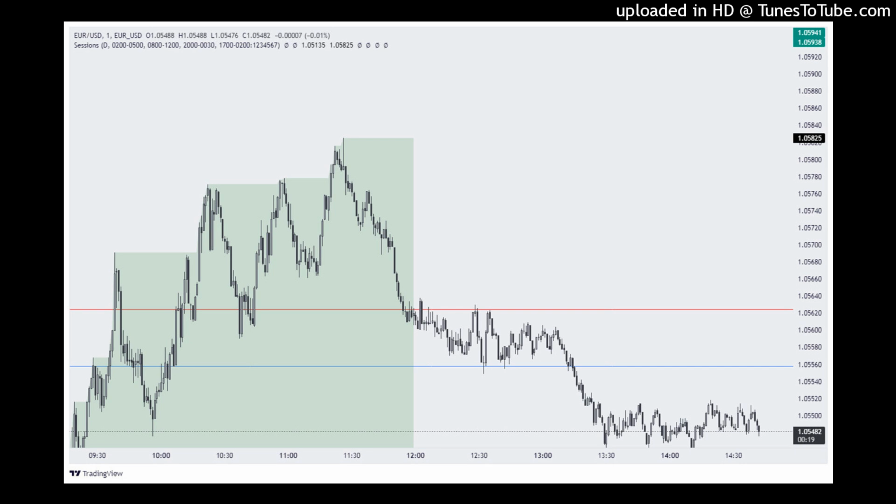Now, this is where also we understand, once we come into that context right there, we come into that discount array. After that, we have candle signs. Candle signs right there supporting the idea of continuing higher. So candle signs at this moment in time is supporting the idea of continuing higher.